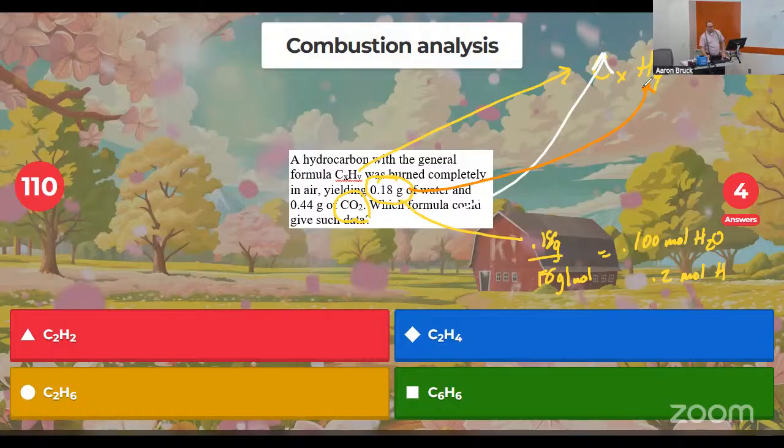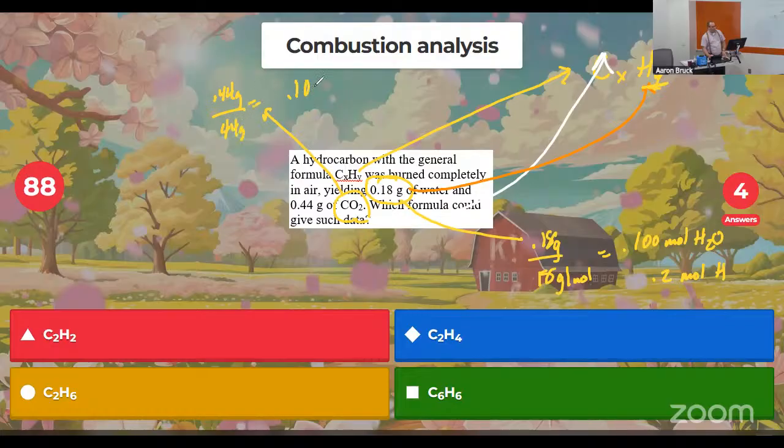Because again, the whole point is to figure out how much hydrogen there is. What's the molar mass of carbon dioxide? 44. 12 for the carbon, 32 for the oxygen, 44 in total. So I've got 0.44 grams divided by 44 grams per mole.